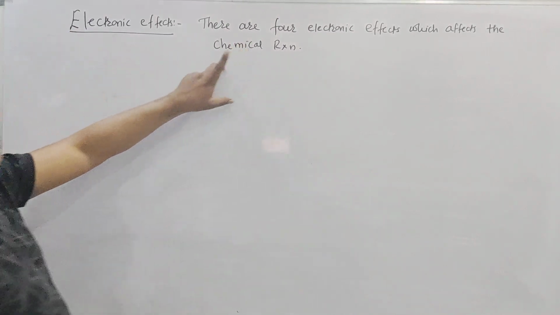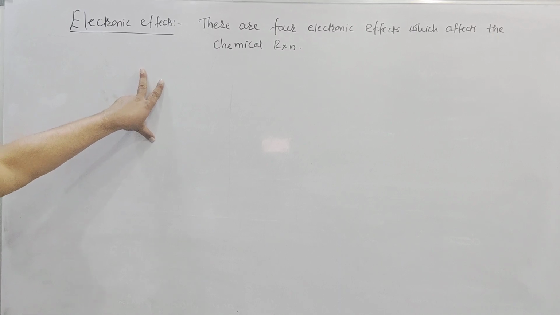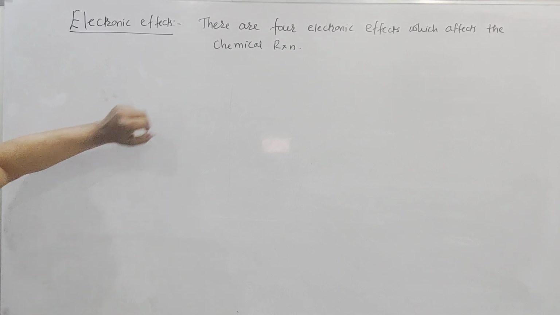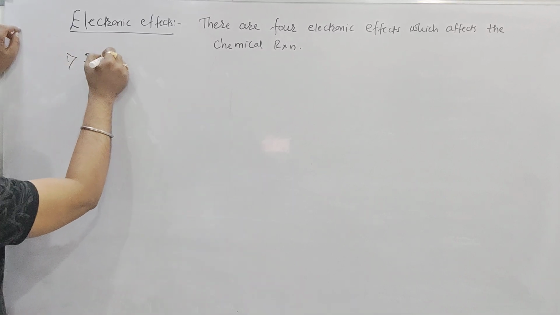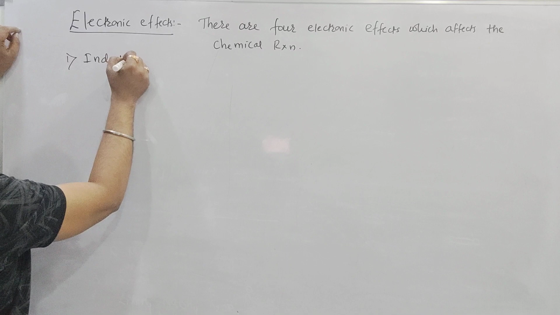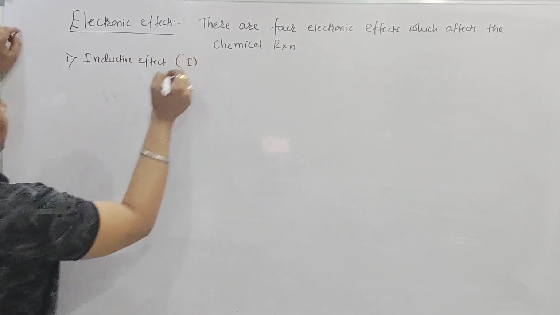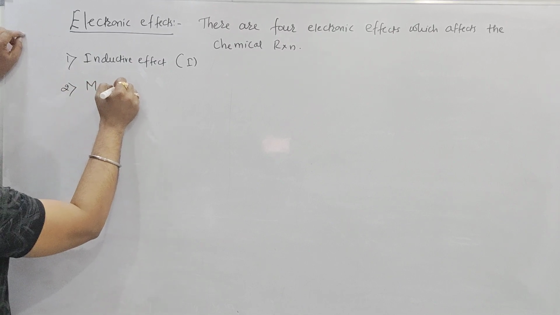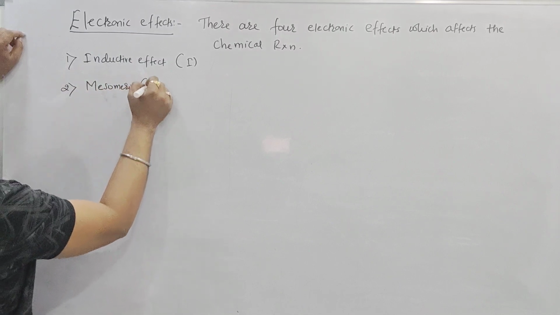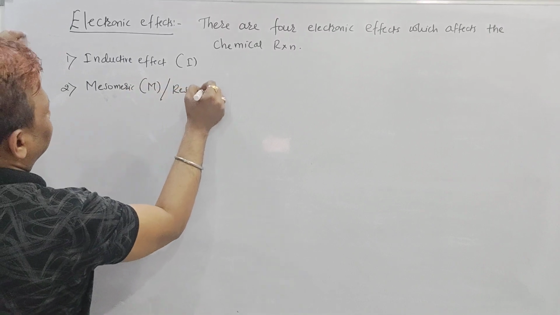Everything can be predicted by this electronic effect. So there are 4 electronic effects, beta, which can affect the chemical reaction. What are these 4 effects? The first one is called the inductive effect. Very, very important concept in organic chemistry, denoted as I. Second one is the mesomeric effect, but it is also called the resonance effect.